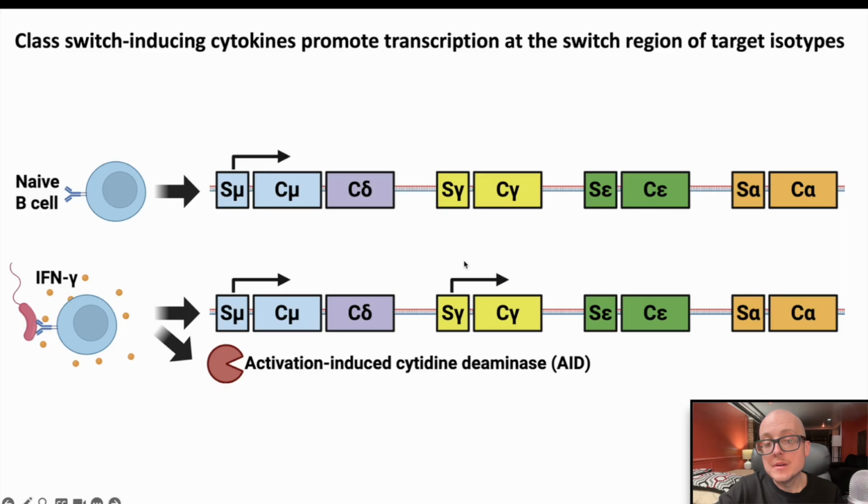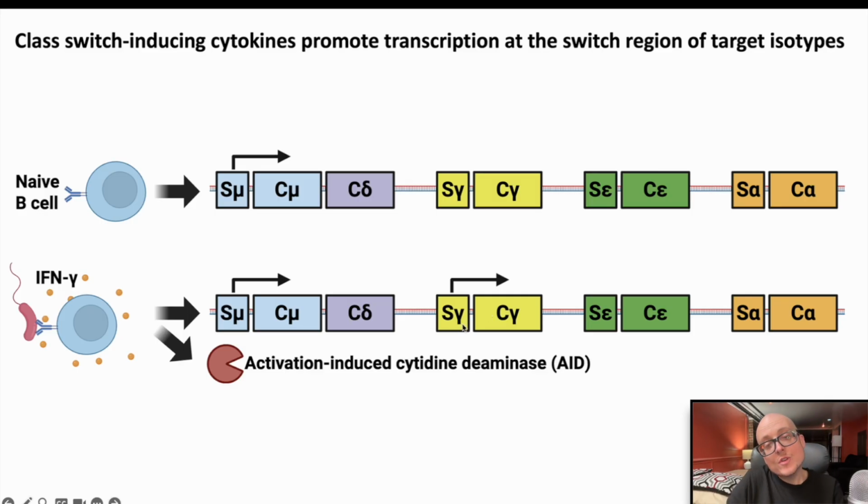And this is occurring because this B cell is not only seeing its antigen, but it finds itself in an environment rich in interferon gamma. Remember that interferon gamma, as part of a type 1 immune response, is going to influence the cell to class switch into IgG. And so one of the ways that it does that is by promoting transcription through the switch gamma region.